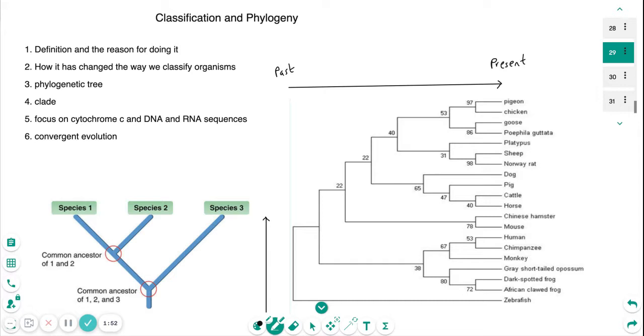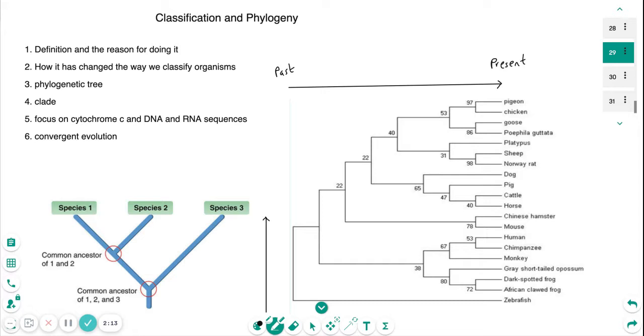It still wanted to use them, that hierarchy, and that hasn't gone away. And in actual fact, it's got more complex. We've got the domain system now, so there's an extra level to it, but it wants to also acknowledge this concept of evolution and time.